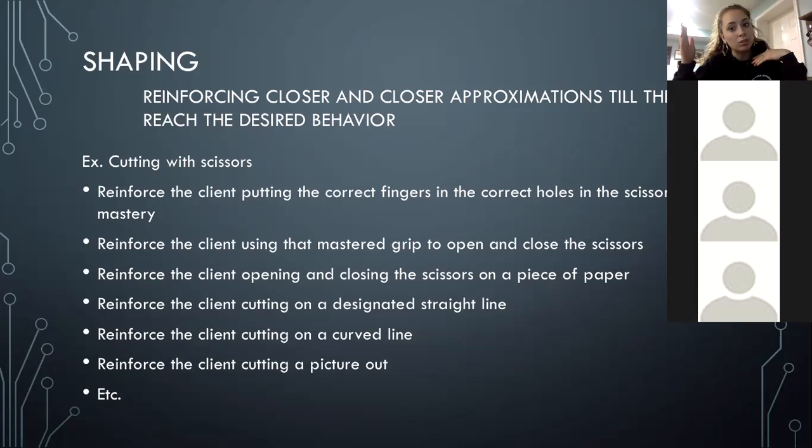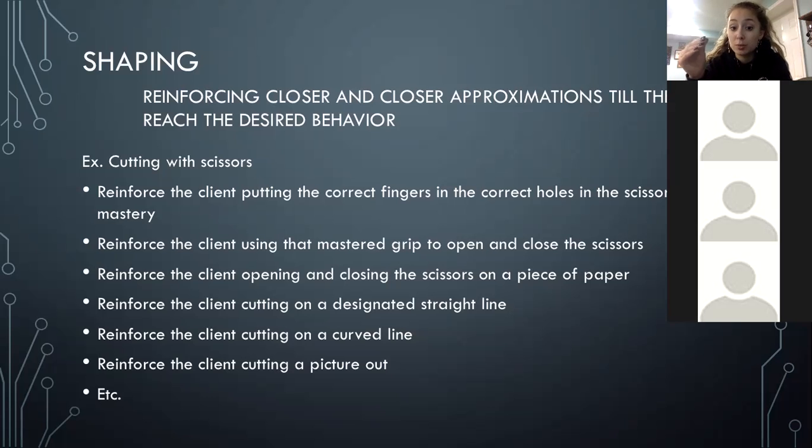So that's my end goal. But right now, I gotta teach them about these finger holes, okay? After they master the finger holes, my next step in a shaping process would be, with that grip, can they open and close the scissors? Because that's hard, to be honest. That's some serious fine motor movement, right?